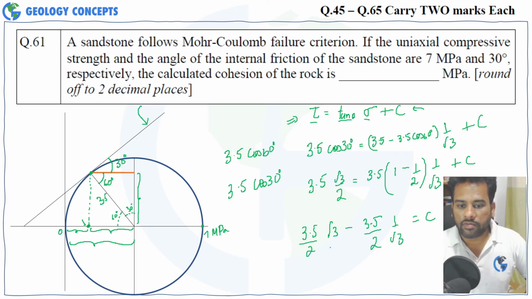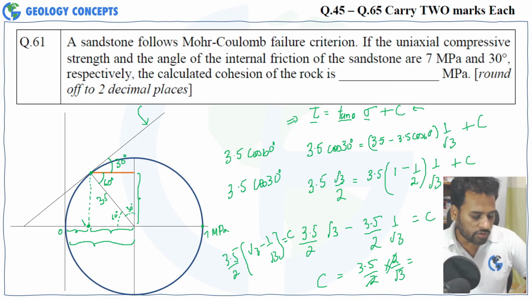If you take 3.5 by 2 as common, inside you get root 3 minus 1 by root 3 is equal to c. So c is equal to 3.5 by 2 times, inside, 2 by root 3. The 2 gets cancelled, so 3.5 by root 3 will be the answer.